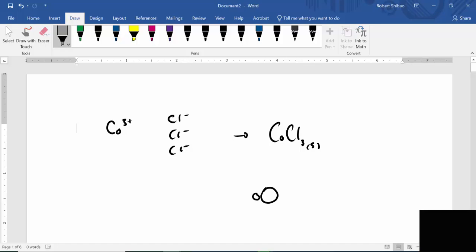Would chlorine be the bigger one since it has... I don't know. You're right. Chlorine should be the bigger one because it has a larger outer shell or something like that? No, actually cobalt has a greater outer shell.